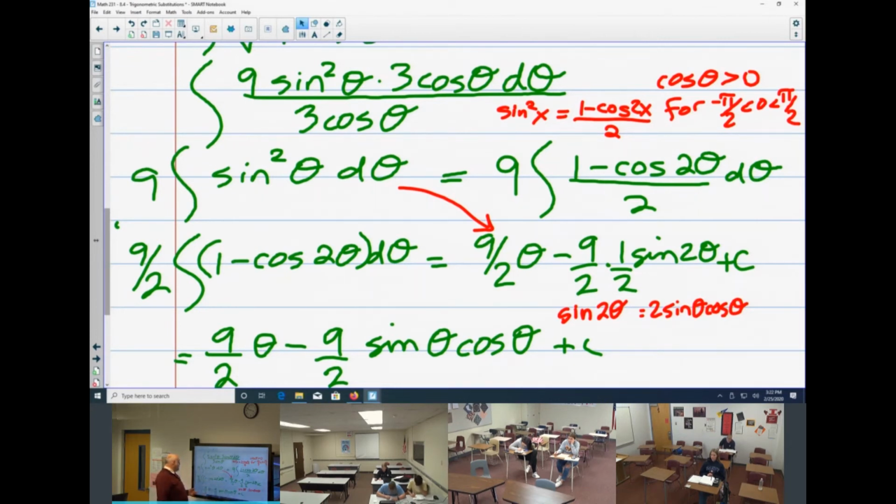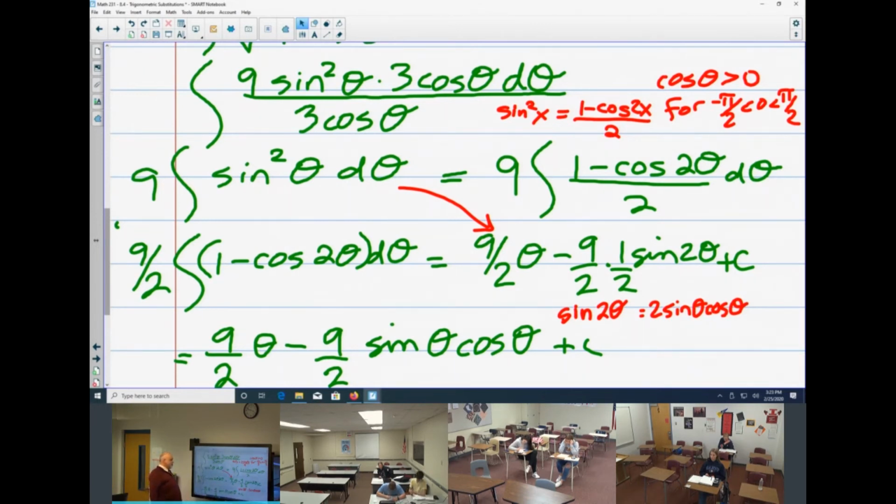Now, normally we wouldn't care if we had a 2 theta in our final answer. But the problem is that we have to put things back in terms of x. So we don't want a 2 theta. We want to be able to go back to our triangle, which just has theta in it. Okay?